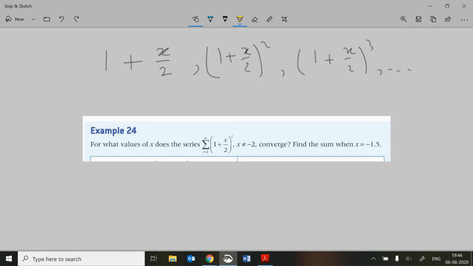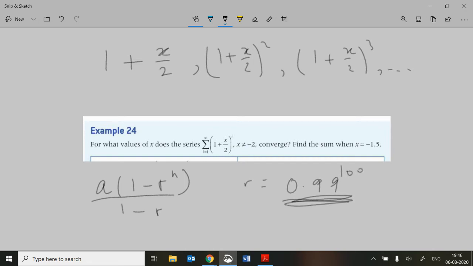So the conditions of convergence were what I talked about earlier. Now, if we take this formula again, a(1 minus r to the n) over 1 minus r, and say the common ratio is equal to 0.09, then when we take really large values, let's say to the power of 100, this becomes extremely small, and so this will tend to 0.